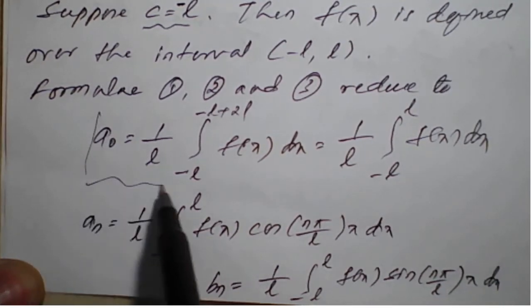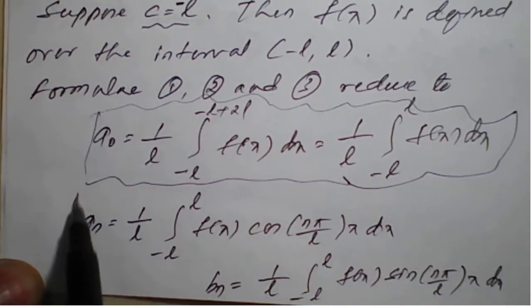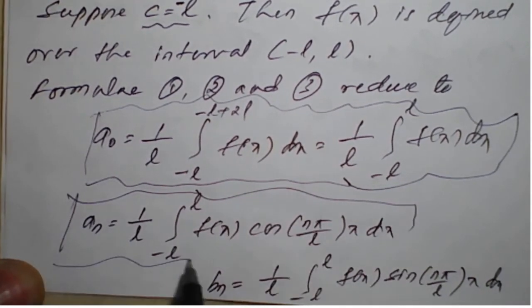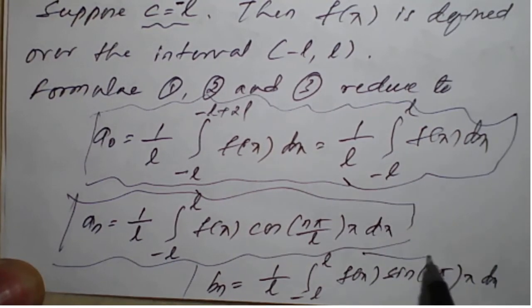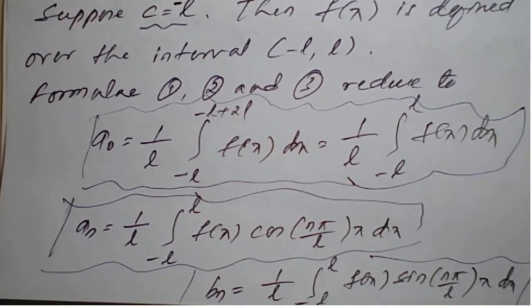These are the results we need to remember when the value of c is minus L. Anyhow, I will give one more table to remember, but how we get the formulas we'll see one by one.